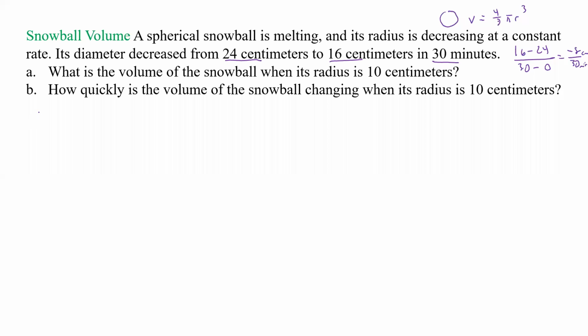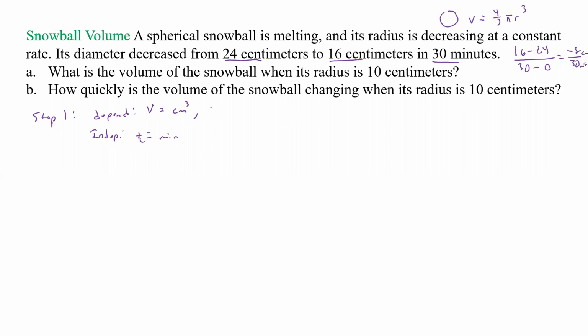go through our steps. So let's do step 1. We have our dependent and our independent. Well, independent is going to be time, and that's going to be in minutes. And our dependent, well, we're going to have a volume, and that's in centimeters cubed.